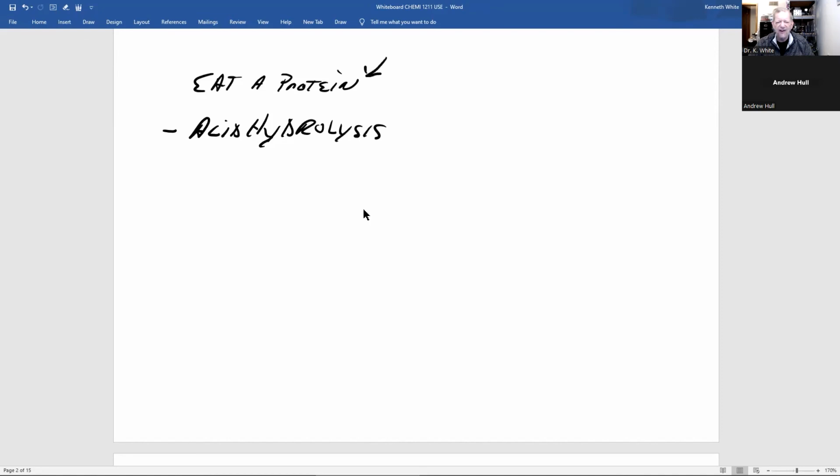And what's the key functional group holding amino acids together in a protein? Remember, I'm an organic chemist, not a protein chemist. Not that there's anything wrong with protein chemists, but it's an amide. So we have acid hydrolysis of an amide.